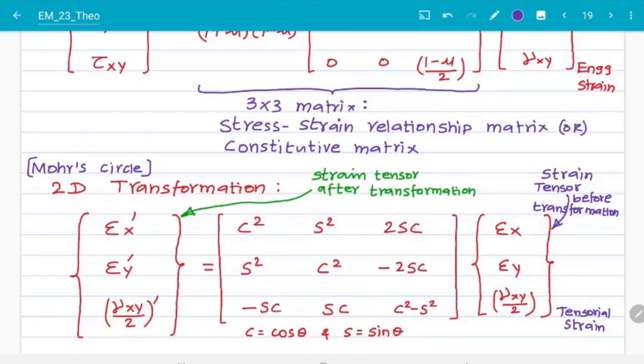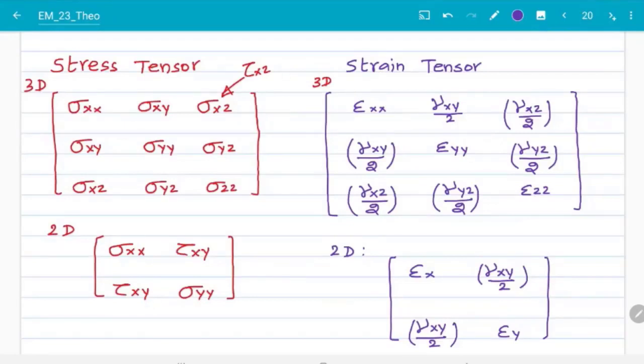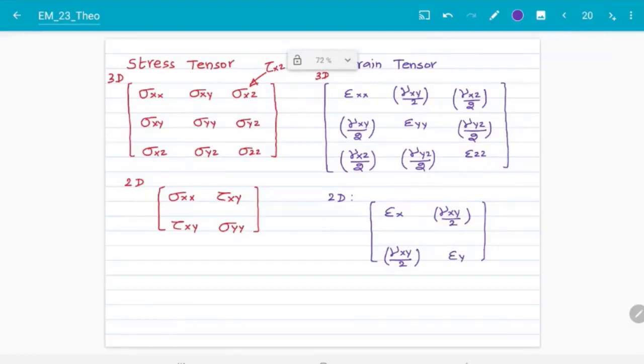Transformation means Mohr circle usage, right? In the Mohr circle, we have to use tensorial strain. So how to do the correction? Very small correction, only in the shear strain. What type of correction? Divided by 2, that's all. Very simple correction, right? Normal strains are normal strains. This is normal strain. No change. Only shear strain is converted, right?